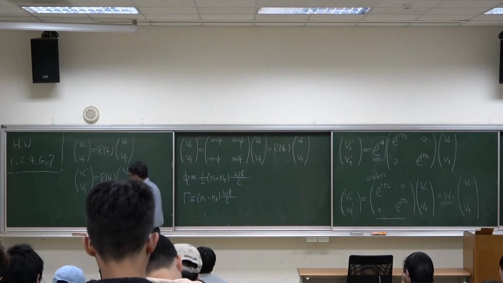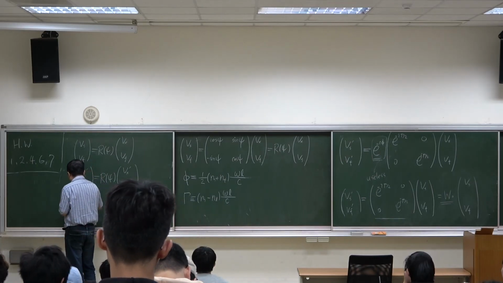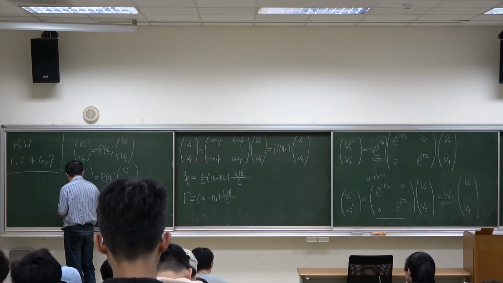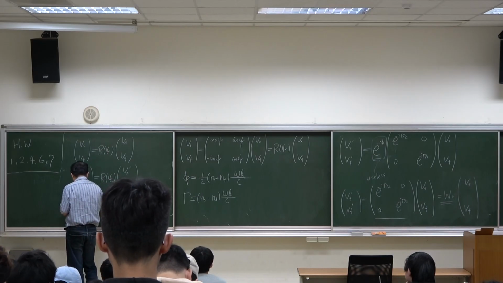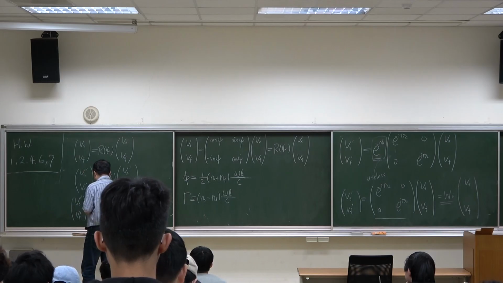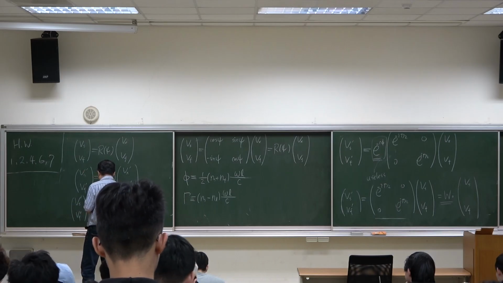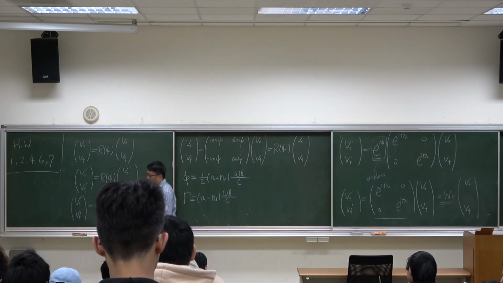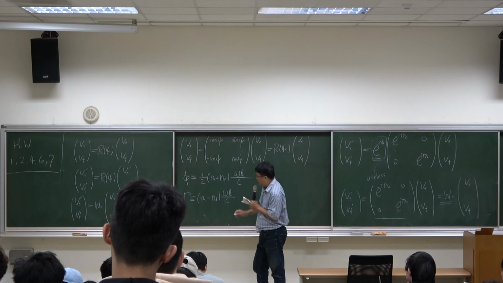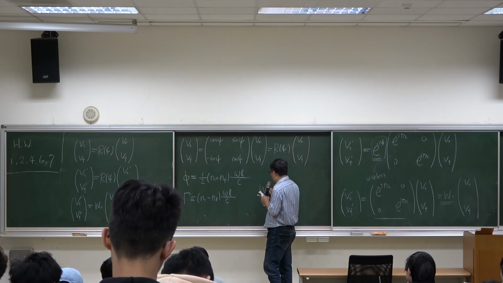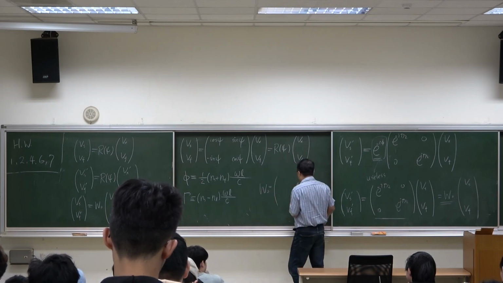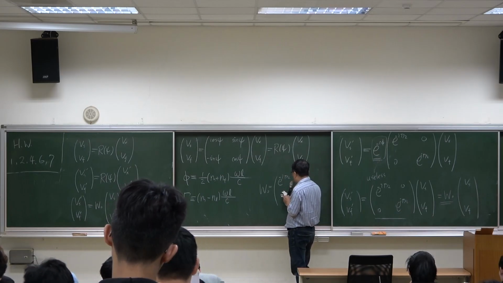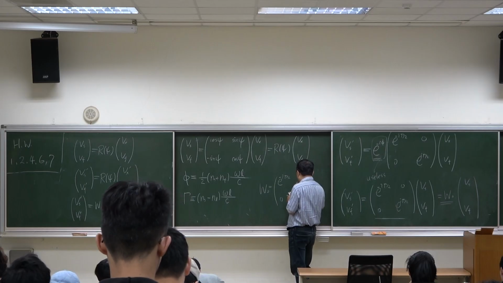And we know that Vs prime, Vf prime is related to Vs, Vf by the W0 matrix. Okay, here W0 is this: exponential minus I f gamma, 0, 0, exponential I f gamma.